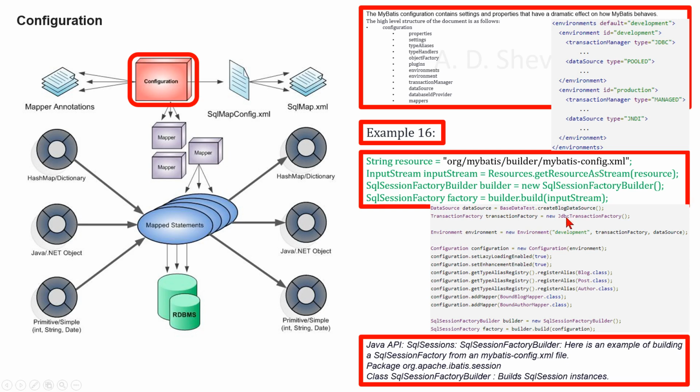The optional parameters are environment and properties for the other build methods. Environment determines which environment to load, including the data source and transaction manager.